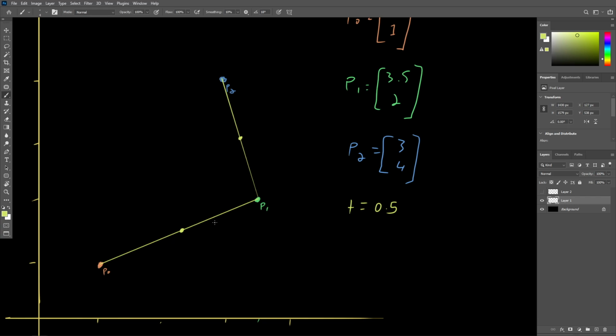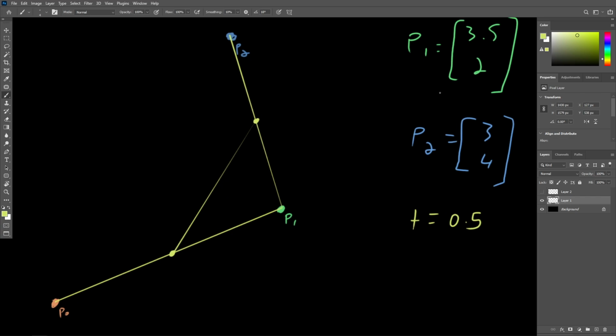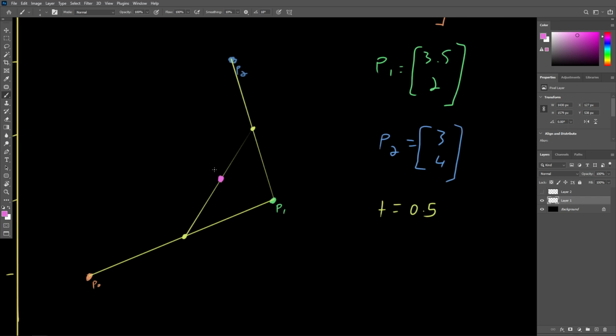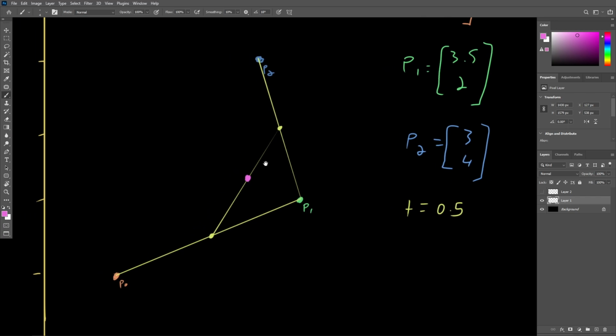However, because we have 3 points to work with, we're going to find that we need to draw a third imaginary line, and also find 50% of the way along this line. This point right here, because there are no more imaginary lines to draw, will be a valid point for drawing out this curve.